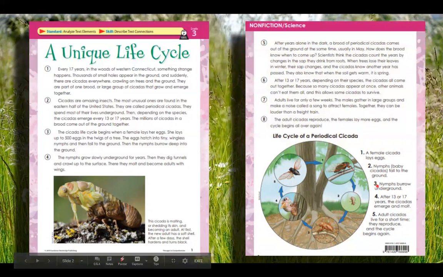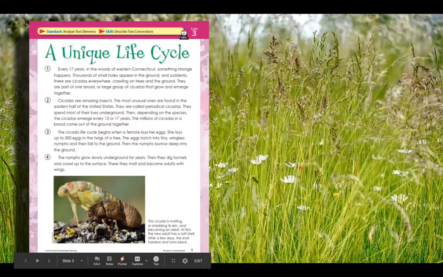Number 3 says nymphs burrow underground. That word is nymphs. Then over here, number 4, after 13 or 17 years, the cicadas emerge and molt. Then I follow the arrow, and we're back here again where we have an adult cicada. They live for a short time, they reproduce, and the cycle then begins all over. So it keeps going through the same life cycle.